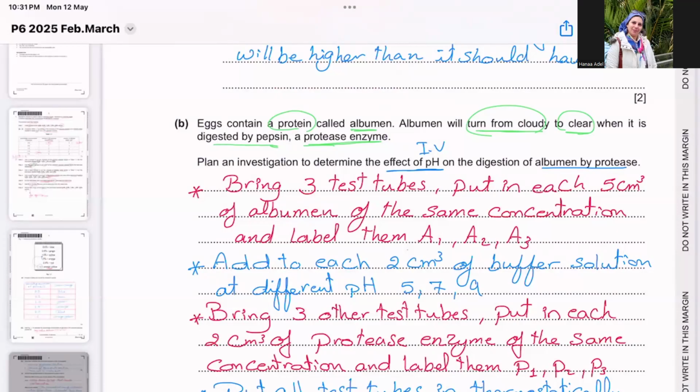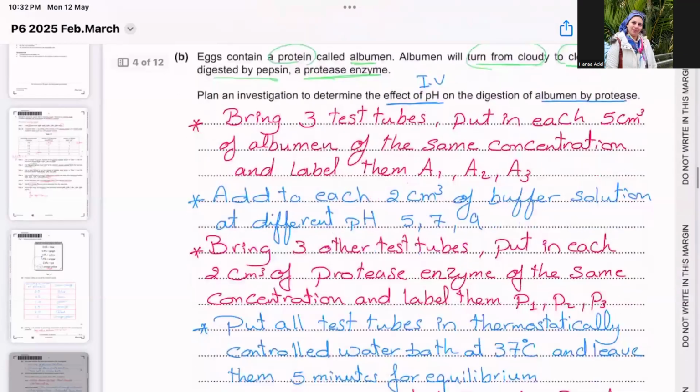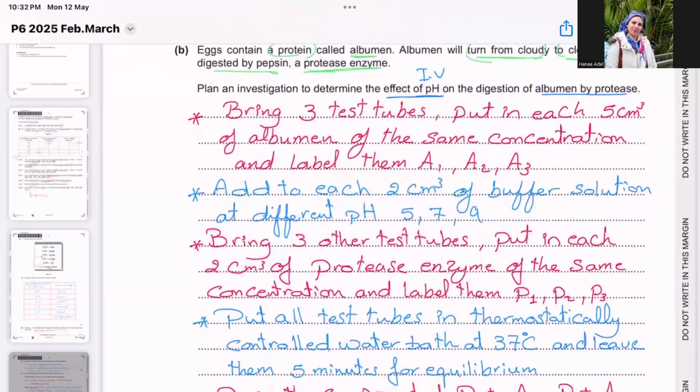After that, we put them in a thermostatically controlled water bath at 37 degrees Celsius and leave them for 5 minutes for equilibrium. We said what is meant by equilibrium: to help all of these test tubes acquire the same temperature which is needed, that is 37 degrees Celsius.